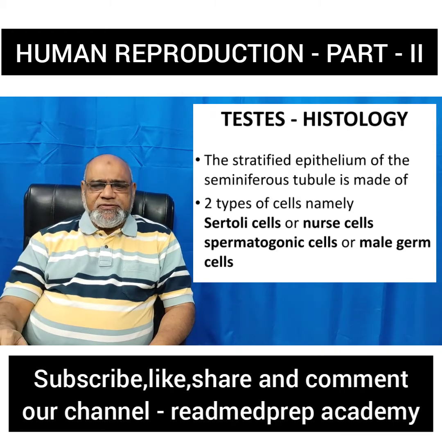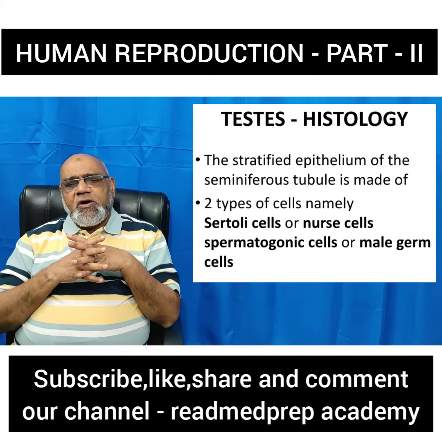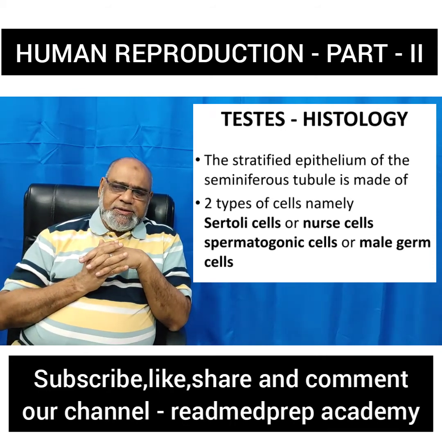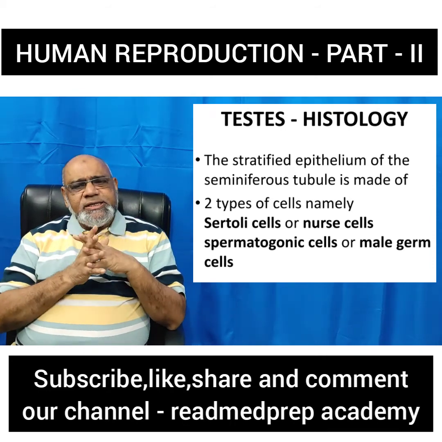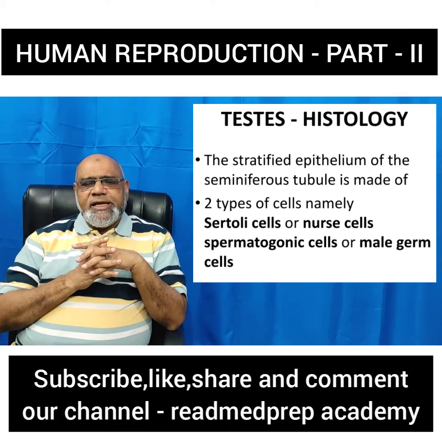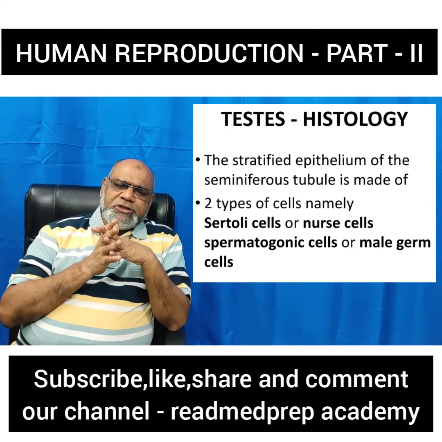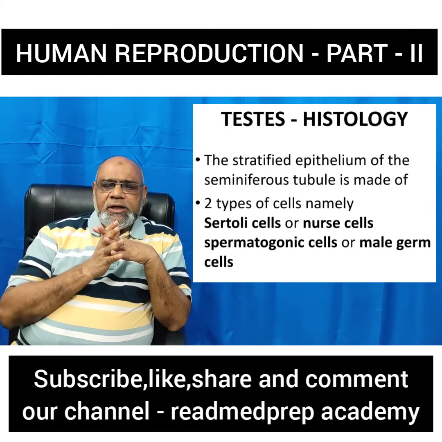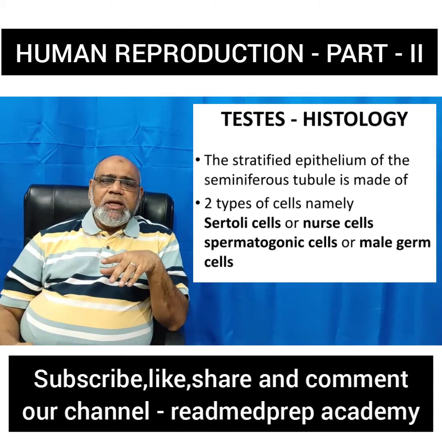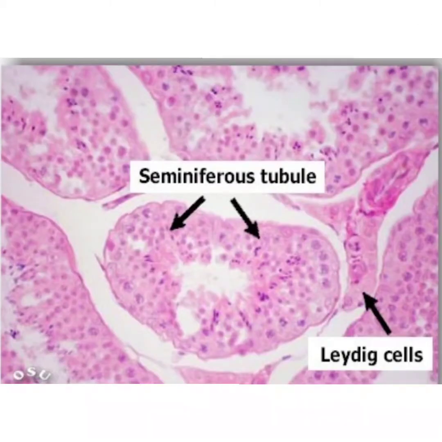There are two types of cells. One is called the Sertoli cells, the other is called the spermatogenic cells. The Sertoli cells are also called nurse cells, and the spermatogenic cells are called the male germ cells. These spermatogenic cells are responsible for the production of the sperms.